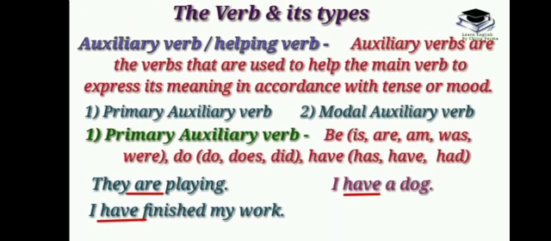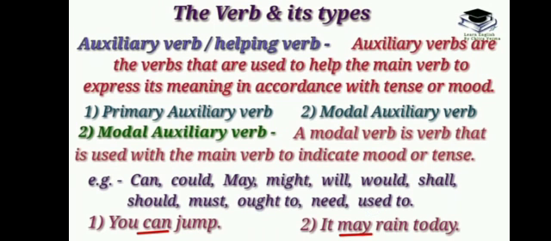So in I have a dog, have is being used as a main verb. It is not being used as a helping verb. Why? Because helping verbs change the form of the main or lexical verb. Here have itself is the main verb. It is not going to bring about any change in a main verb.